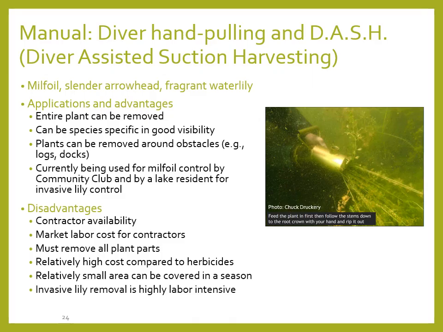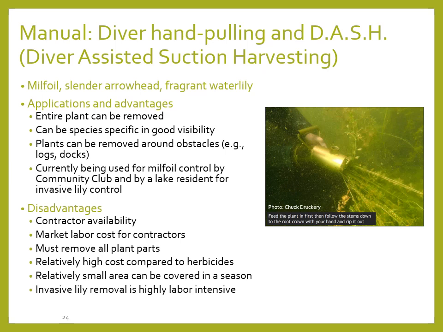The primary manual methods being considered in this plan include diver hand pulling and what's referred to as DASH, which is diver assisted suction harvesting. In diver hand pulling, a diver is simply pulling the weeds out by hand and transporting those to shoreline.